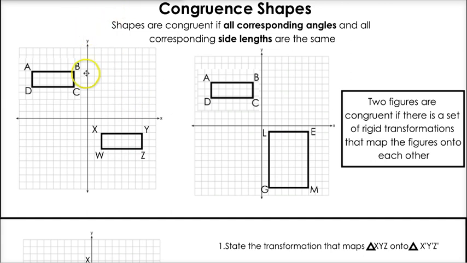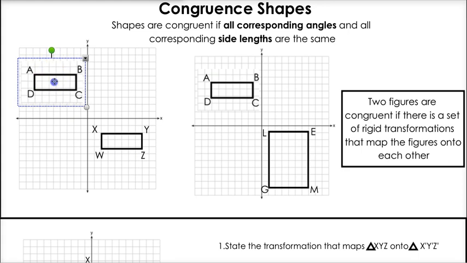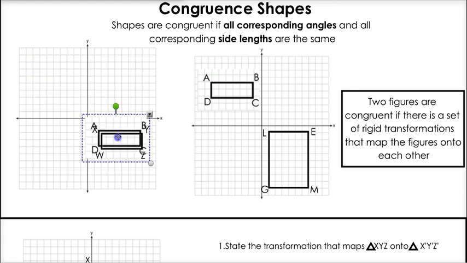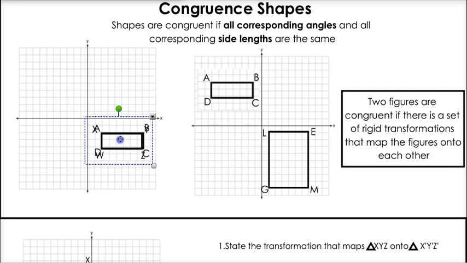So let me show you this example. How do we prove that ABCD is congruent to XYWZ? Well, if I can show that I have a rigid motion that will map these onto each other, I'll know they're congruent. Watch and let's see if we can do this. I'm going to use a translation. I'm translating this rectangle over and boom. You see how they map directly on top of each other? For that to happen, that means all the sides and angles had to be the same.